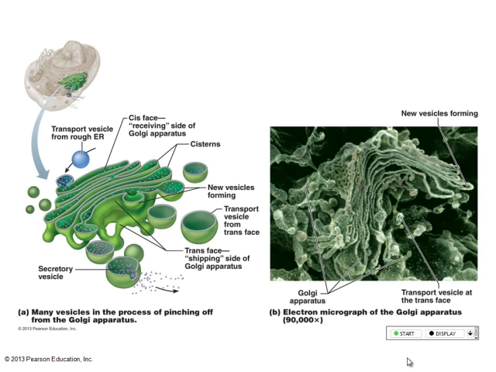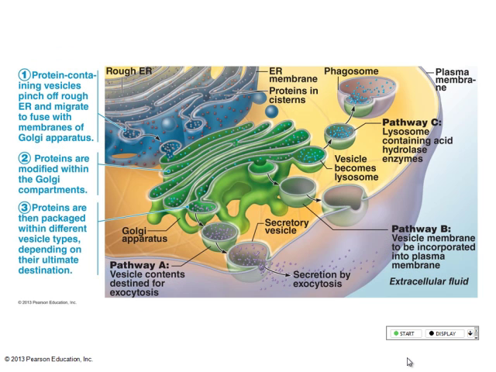I call the Golgi apparatus the UPS system of the cell. They package and they ship. So the Golgi apparatus can package things up, and through what process have them leave the cell?